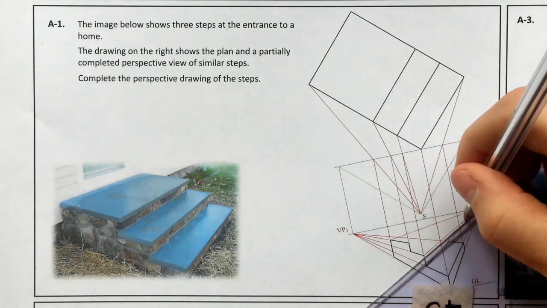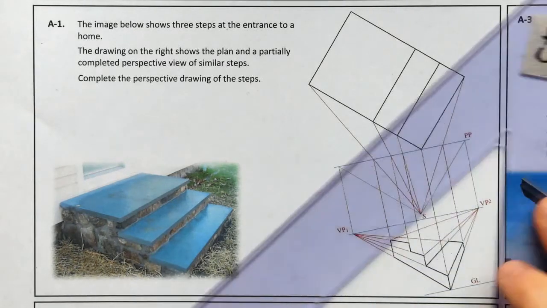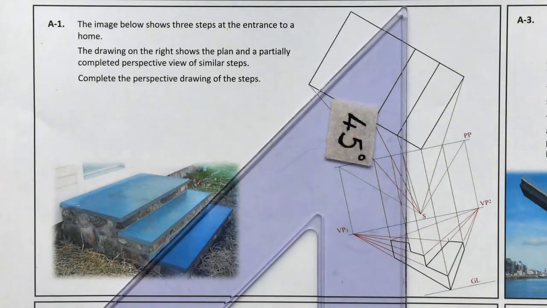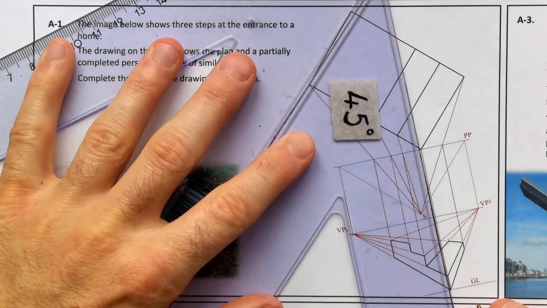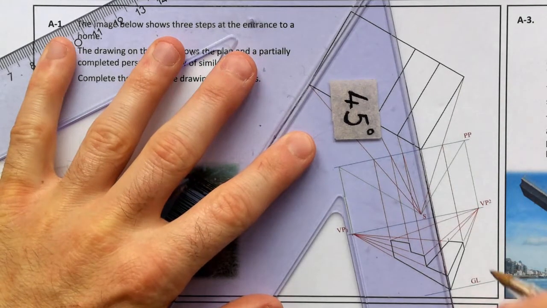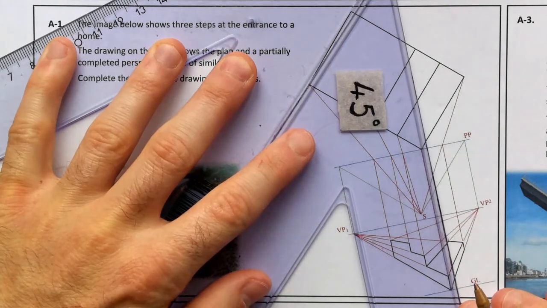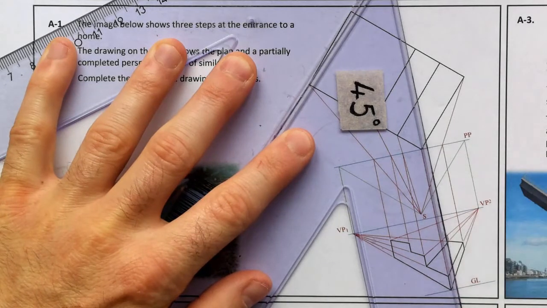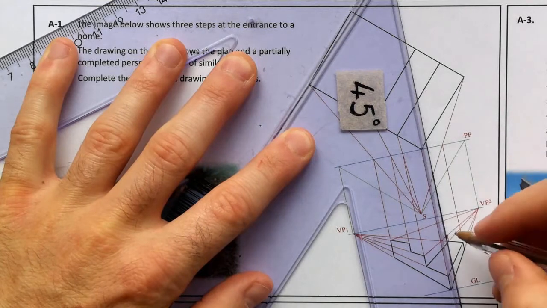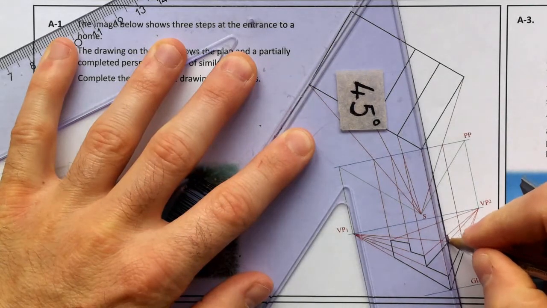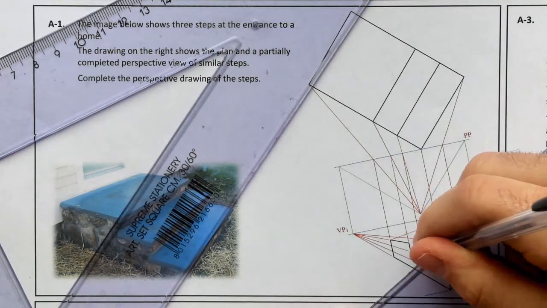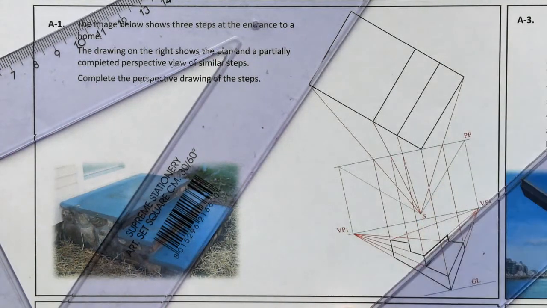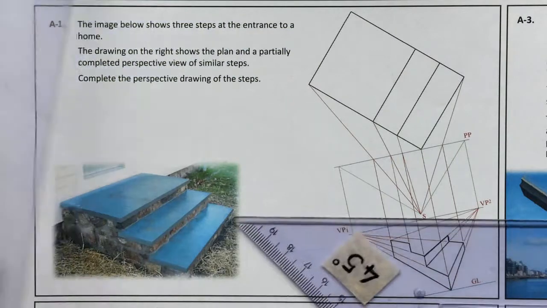So extend that out, and to make my life a bit easier, it's about a bit of sliding set squares, because I know at this point right here it's just going to extend up vertically. And as we can see there, then it's a case of heavying in the important information. So that's the first step completed.